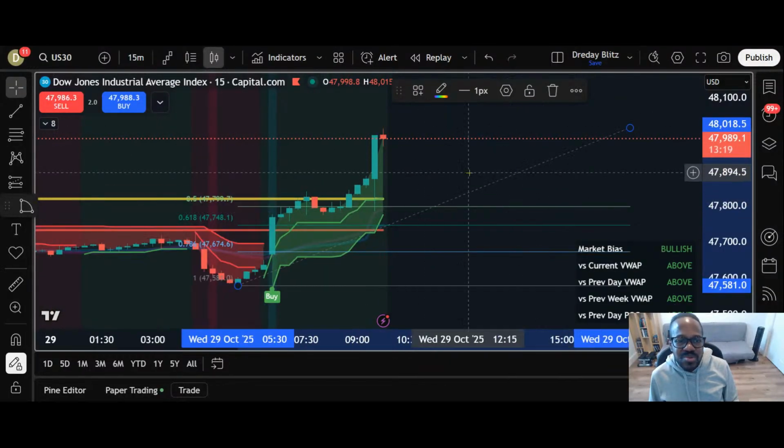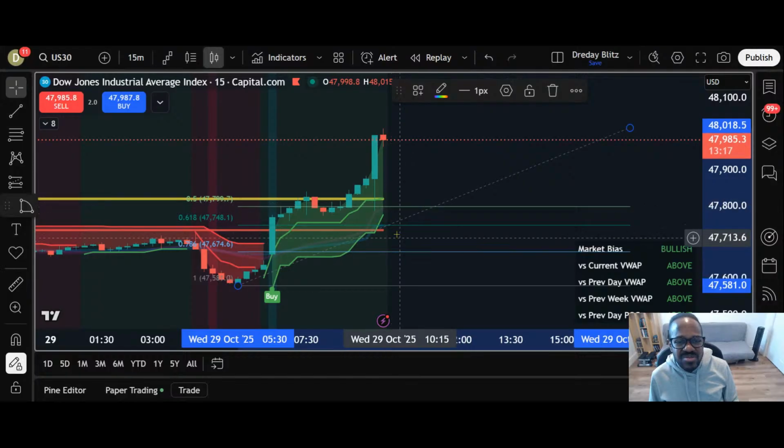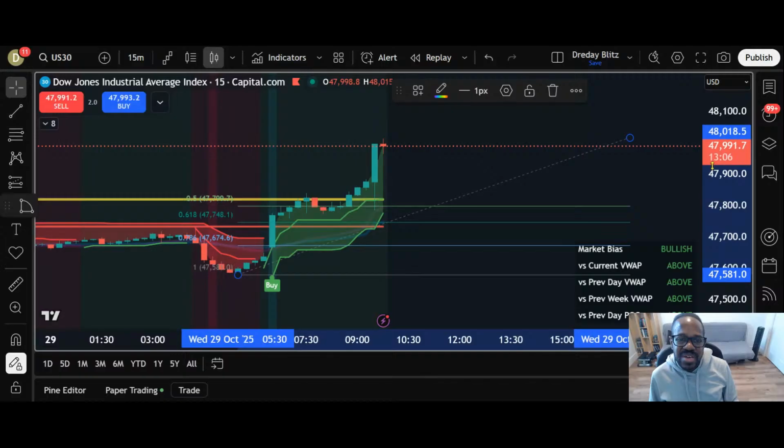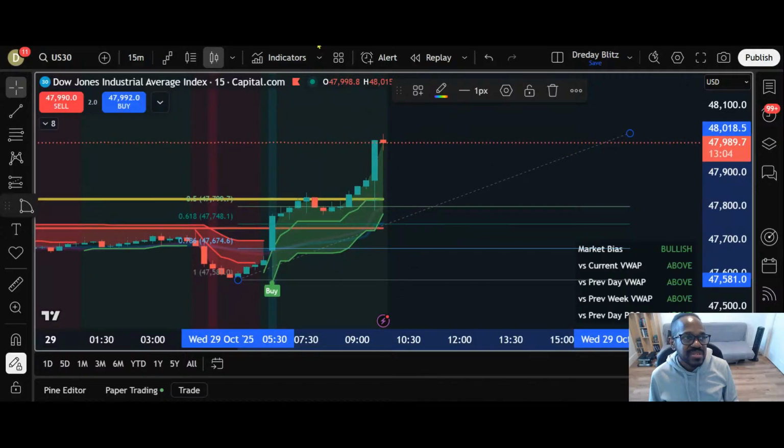So if we go low, those will be the levels here to go lower here. 50%, 61.8 and 78.6. So that's pretty much the leeway here that we have to go down. Maybe we're going to start going down here later on.